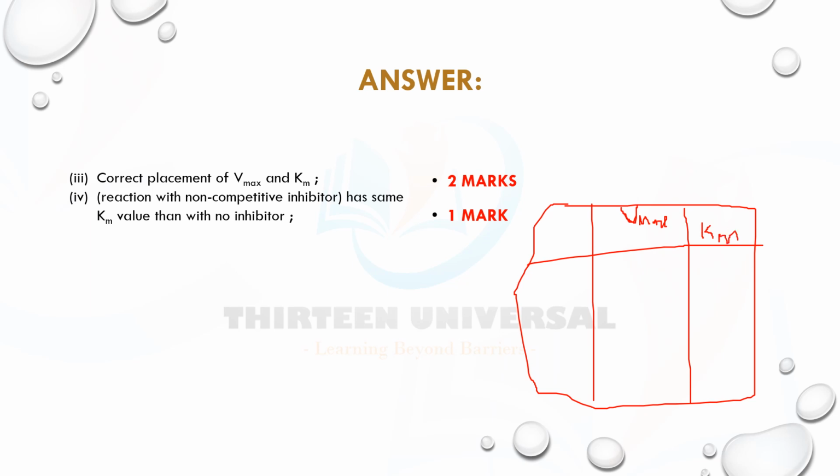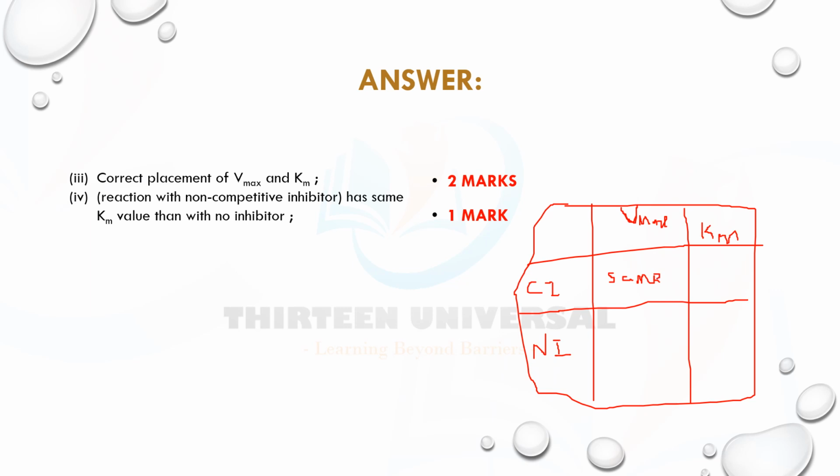Now this is competitive inhibitor, CI, the first rule. And this is non-competitive inhibitor, N, the second rule. Let's see the effect it has. Vmax for competitive inhibitor is the same as without inhibitor, don't forget this.